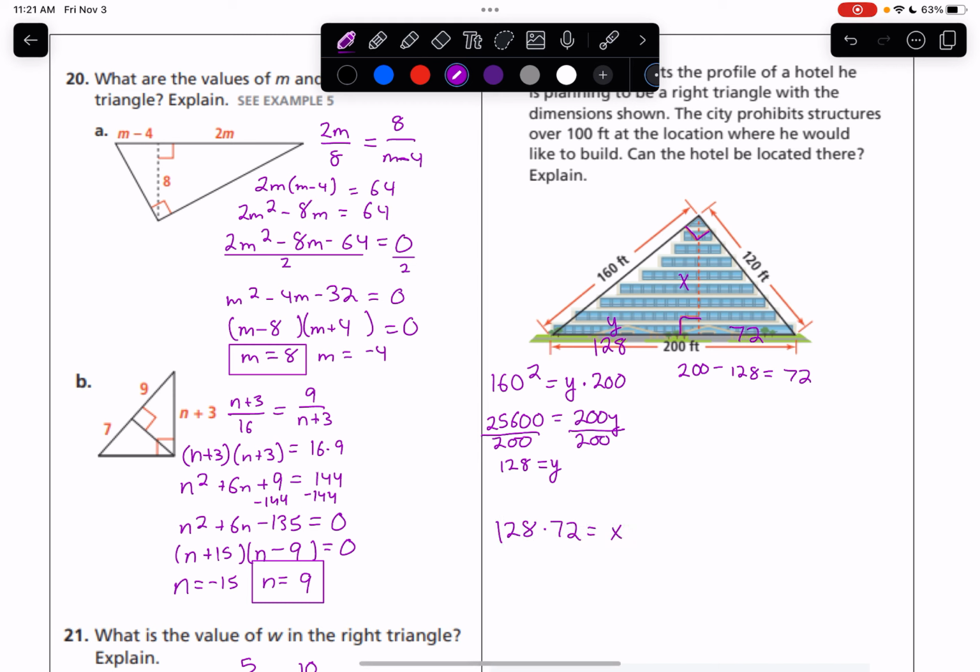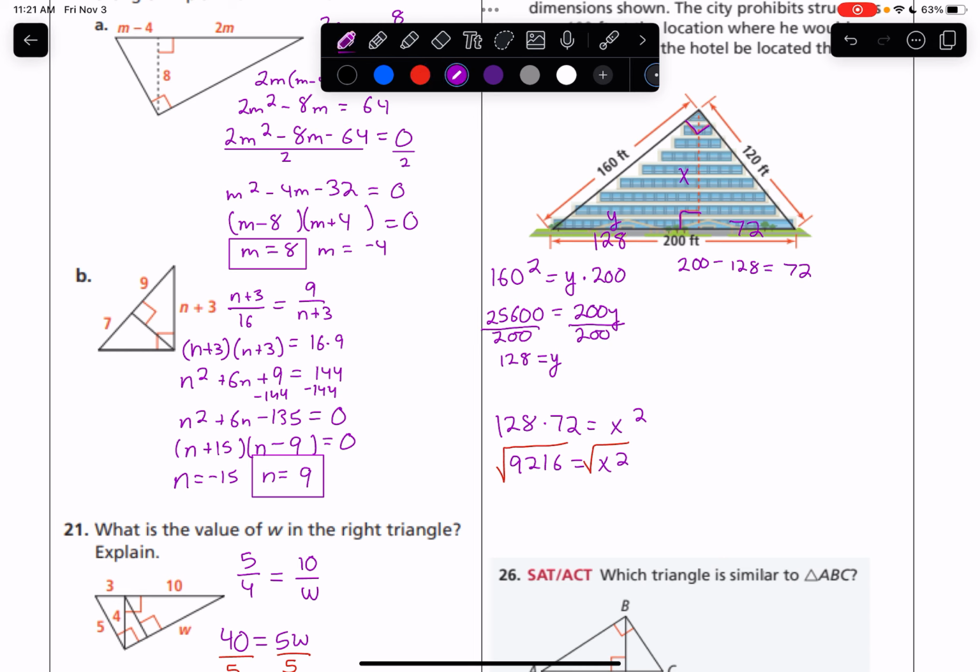If I take the square root of both sides, that gives me 96 equals x. And the question was, can the hotel be located here? Since this hotel is less than 100 feet tall, we can say yes, the hotel can be located here.